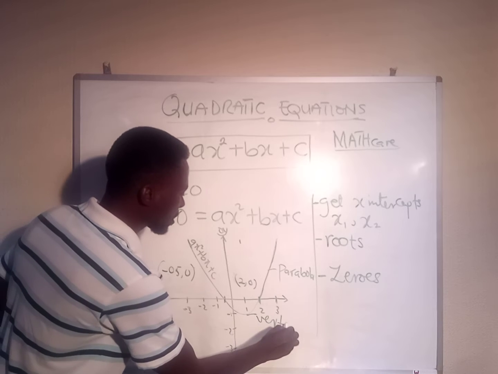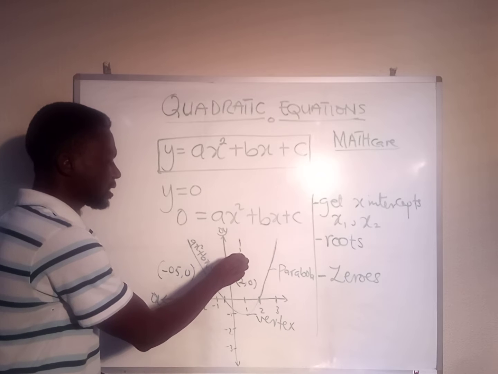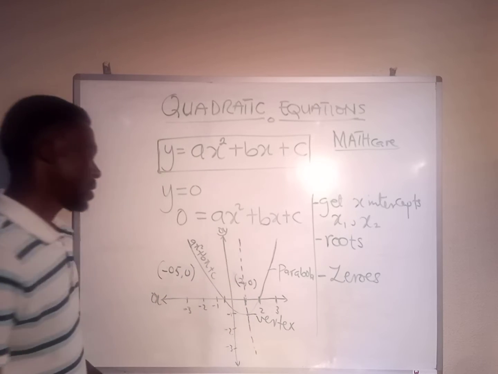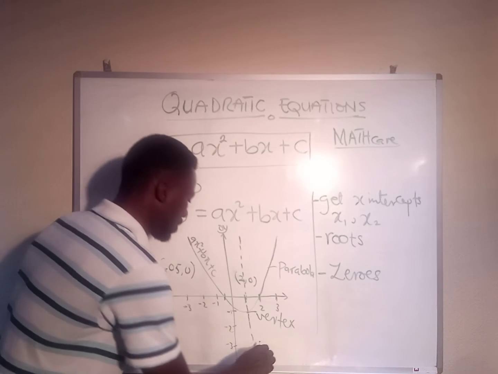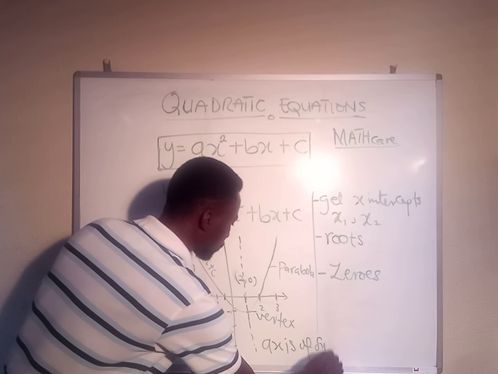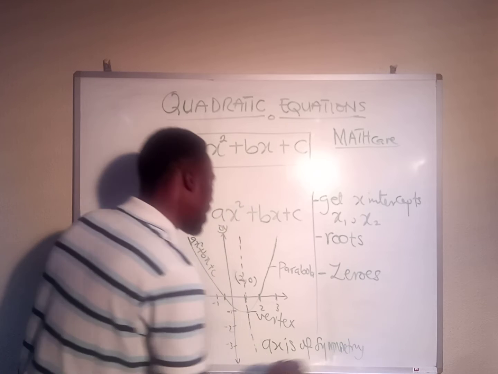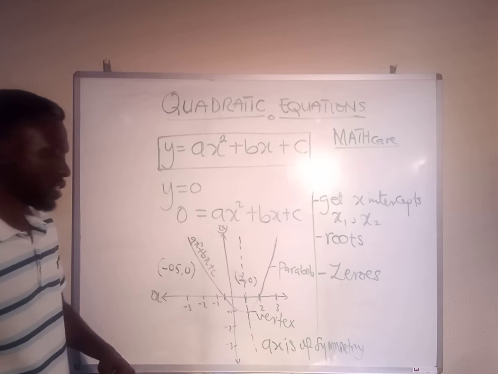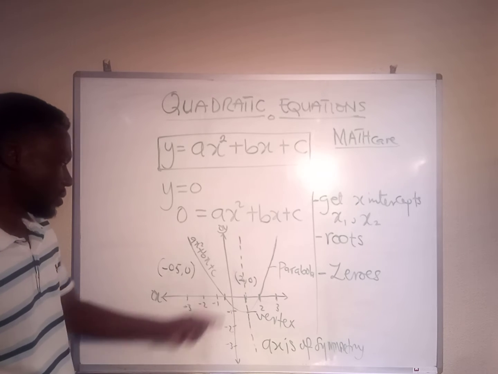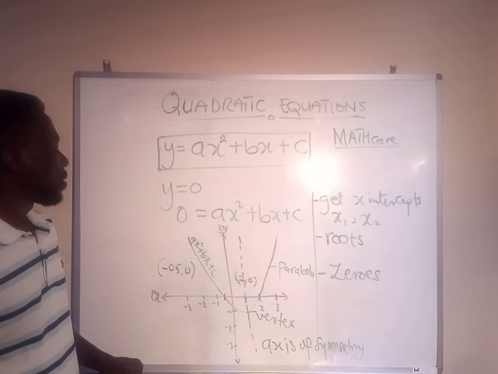Then the line that actually divides this graph into exactly two halves is what we call the axis of symmetry. Now, how do you find the axis of symmetry? We shall come to that. So this is the axis of symmetry.